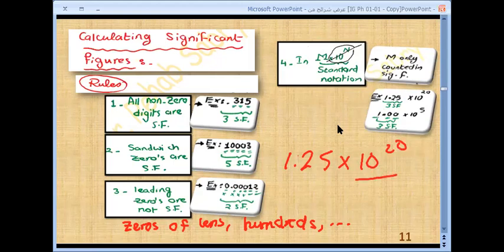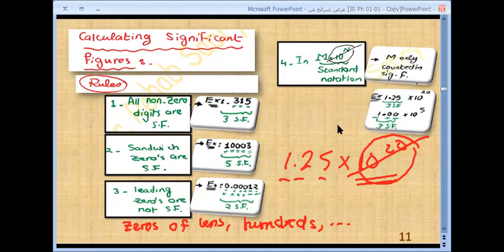Someone may say, what, 10 to the power of 20? No. The power of 10 will not be counted in the significant digits. So here we have only 1, 2, 3 significant figures, not more.